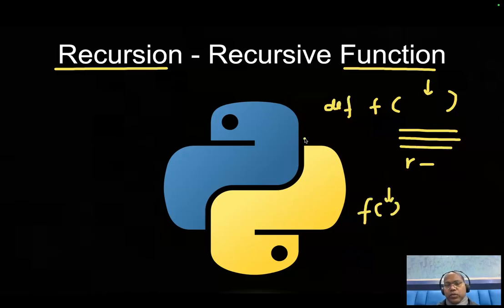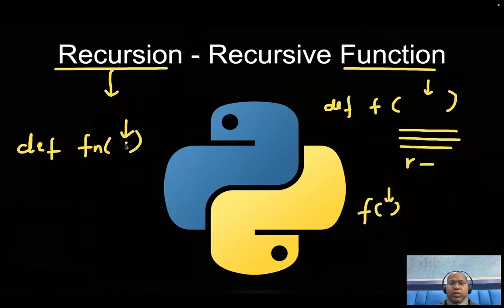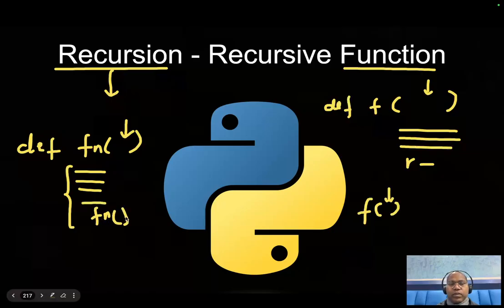Today we are going to look at a couple of examples of writing functions, and one of them is the recursive function. That means whenever you define a function, which takes an input and has a function body, is it possible within the body of the function to invoke the same function again?